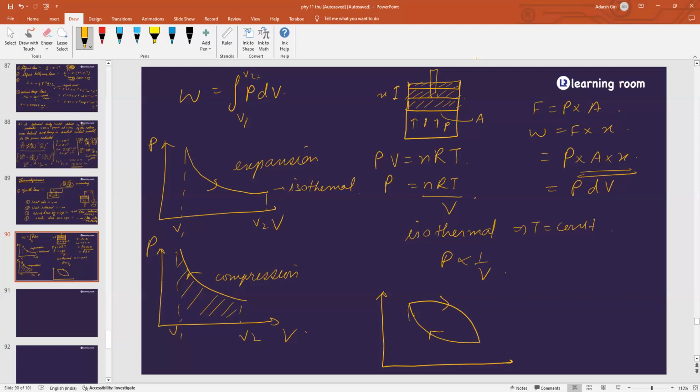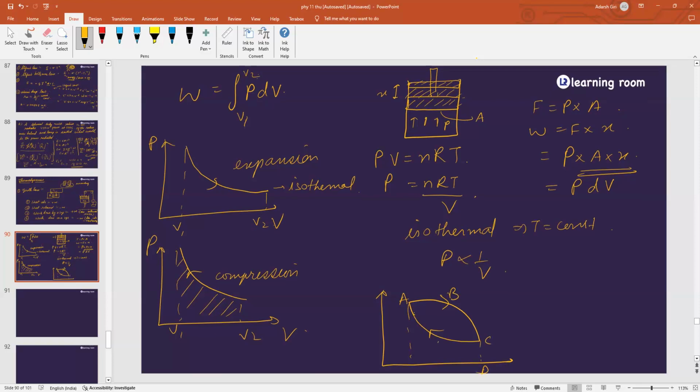Now a cyclic process is one which starts and ends at the same place. Let us label the points A, B, C, D, E, and X. So what will the work done in a cyclic process be? First we have two works.